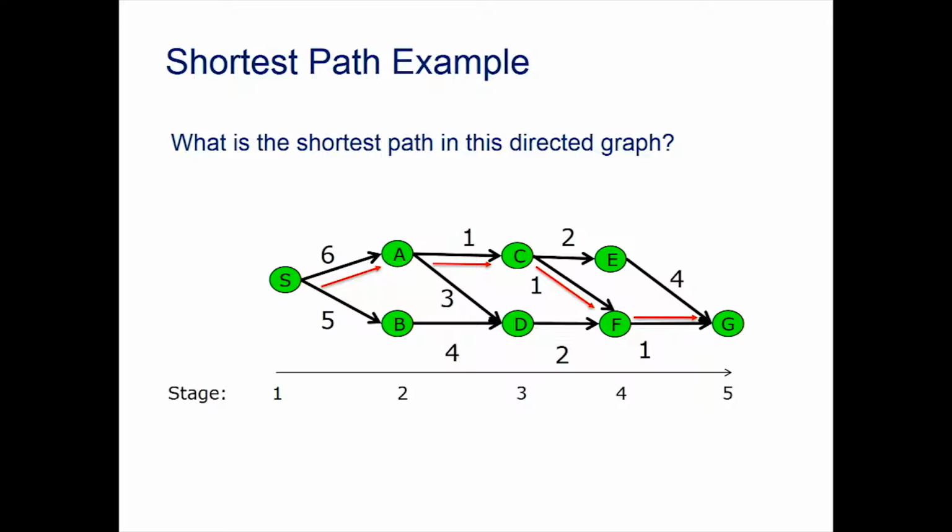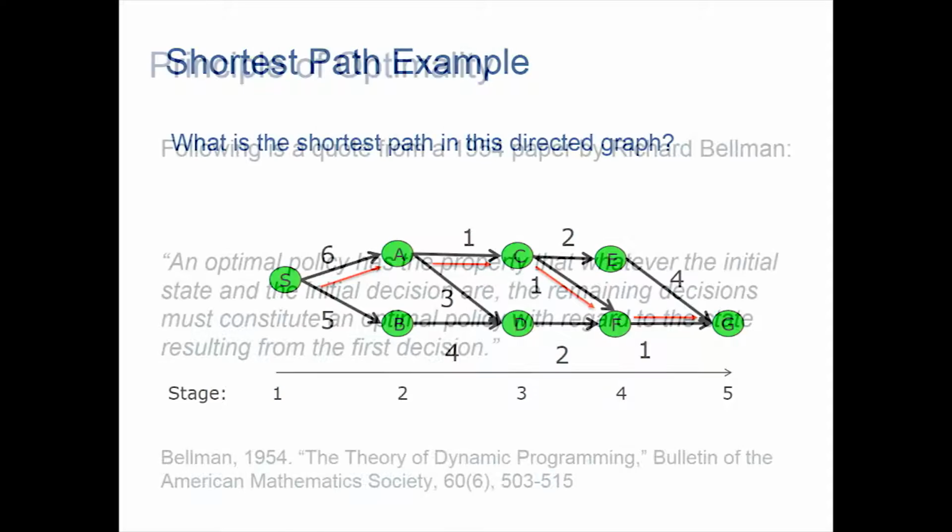The shortest path from C to G is going to be a choice between whether you go to E or F, and there's an immediate reward or cost, if you like, for that, and then the cost to go, the distance to go.